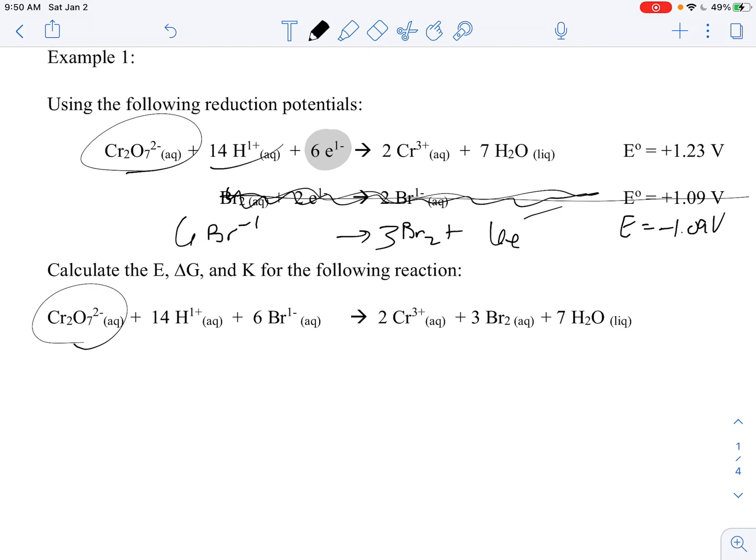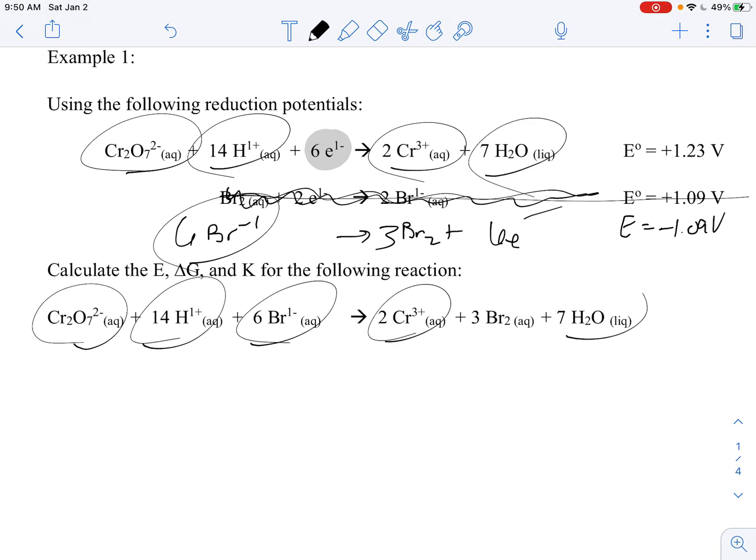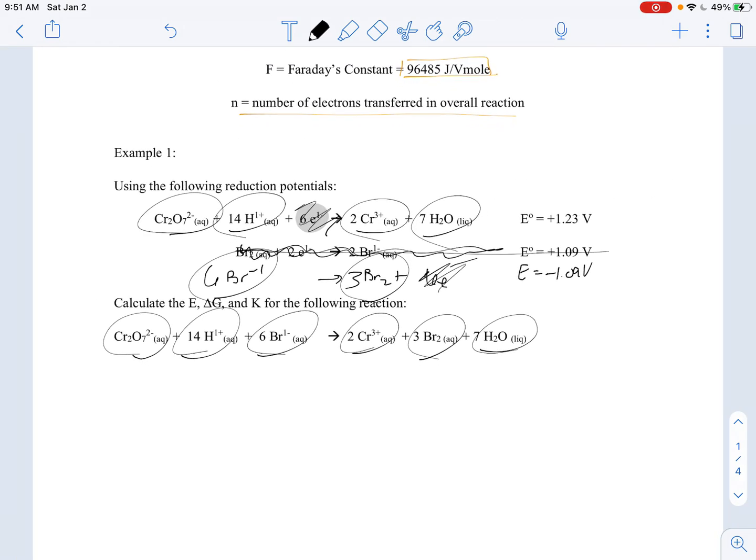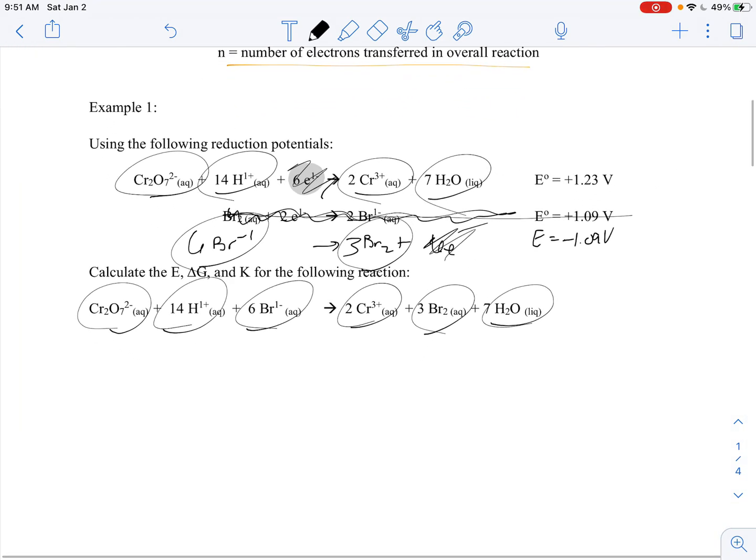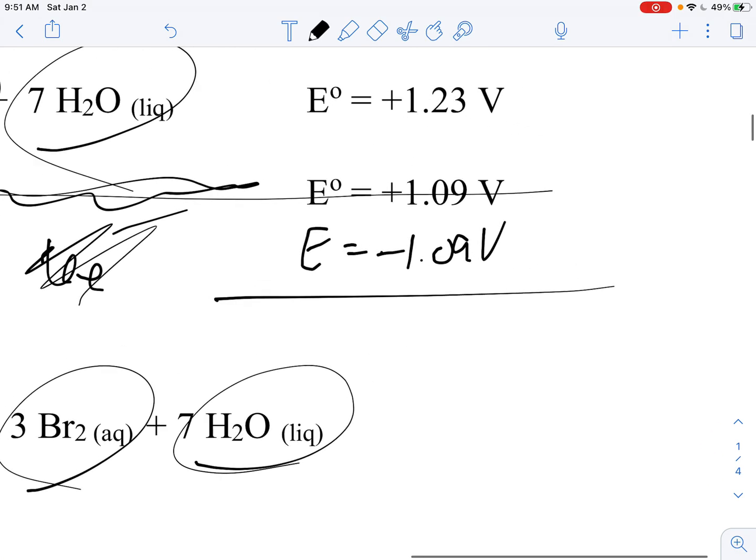So now we've got everything that we need. We've got our Cr2O7, we've got our 14 H positives, we've got our 6 Br negatives, we've got our 2 chromium 3 plus, our 7 waters, and our 3 bromines here, and our 6 electrons cancel on both sides. So what is going to happen here? Well, the first one is the easy one.